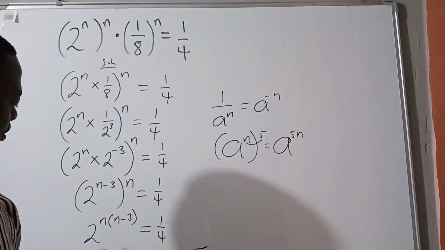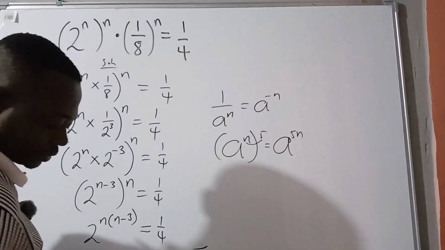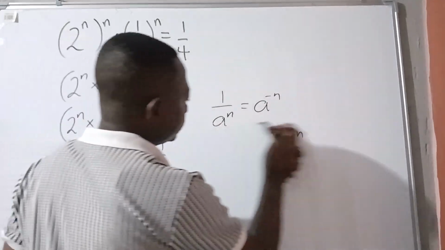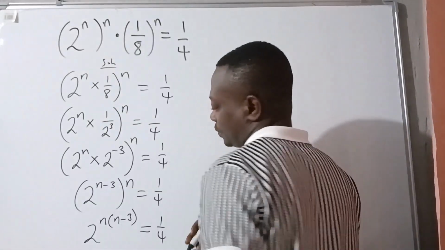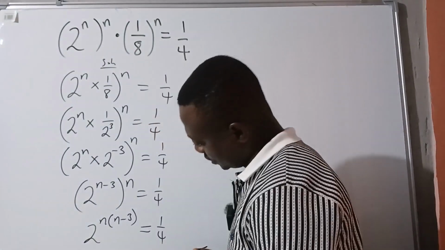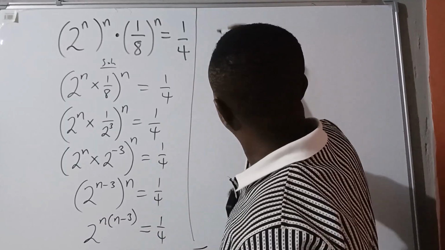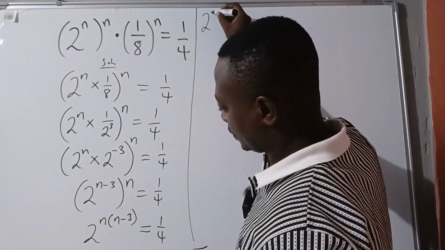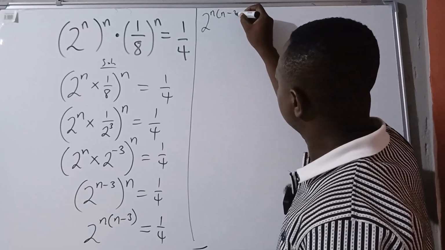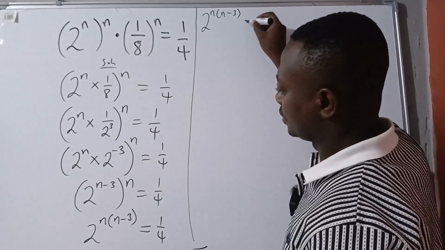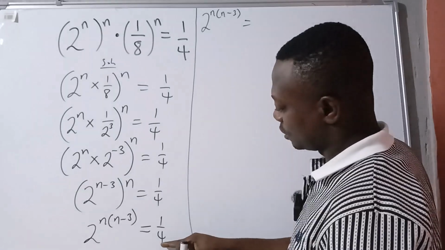Now the 1 over 4 here, we can write as 2 to the power of 2, since 2 to the power of 2 is 4. So we have 2 to the power of n(n minus 3) equals 1 over 4.